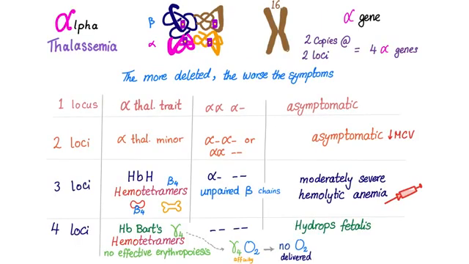Let's dig deeper. Alpha thalassemia is a problem with the alpha chain or the alpha subunit. Chromosome 16 has 2 copies of the alpha gene at 2 different loci. So 2 times 2 equals 4 alpha genes.